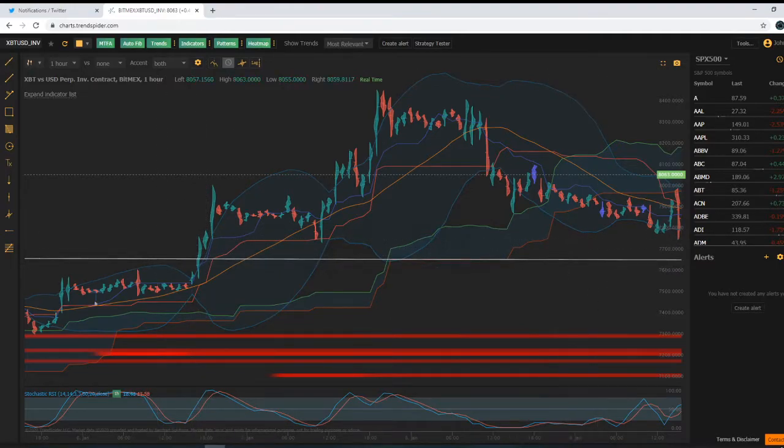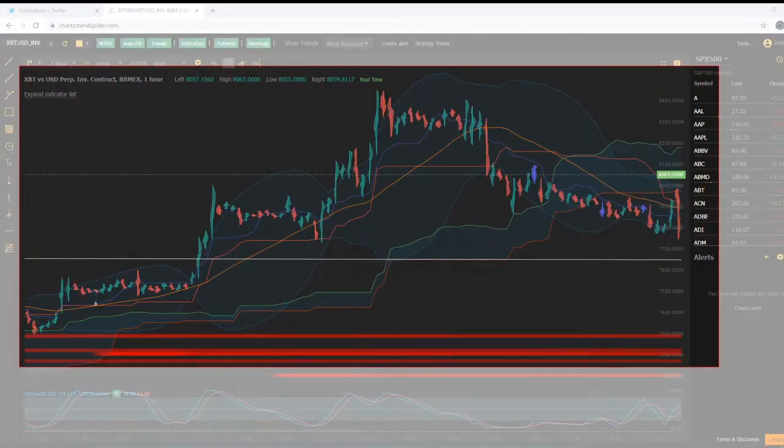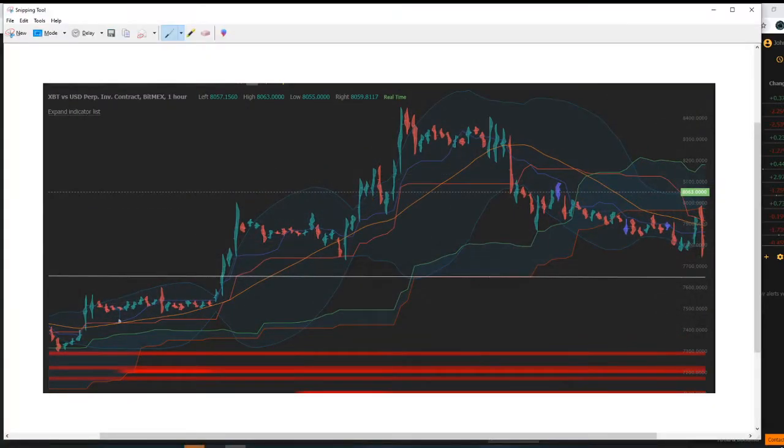Here, let me see if I can draw it over here. That's probably the best. Okay. So let's just say this is a support line. What I'm looking for in this case would be, hey, we had a candle dip down into here, and I'm looking for it to be more like this, to where these guys are all buying everything up over here.